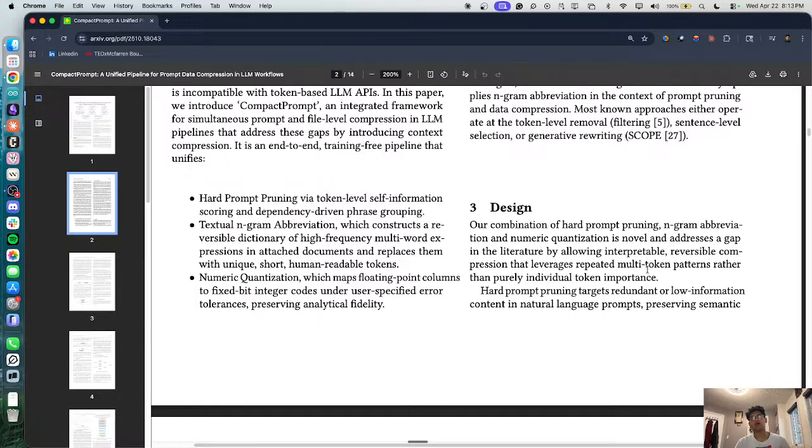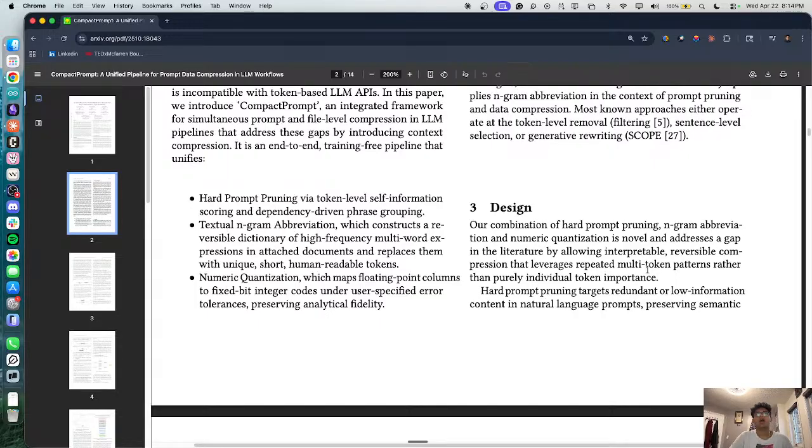Then we have n-gram abbreviation, which basically takes n consecutive words, so maybe 2 words or 3 words or 4 words. Based off of the corpus of text provided, it's able to find all of these combinations of words. You could have something like interest expense, which pops up thousands of times within your Word document, or something like National Basketball Association.